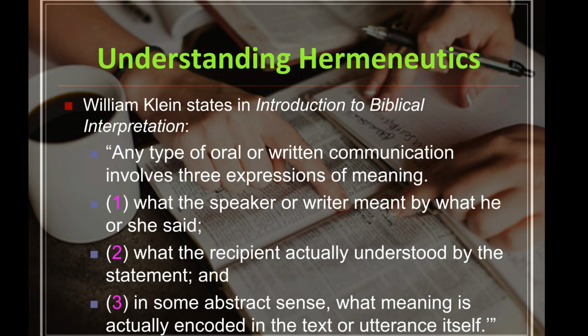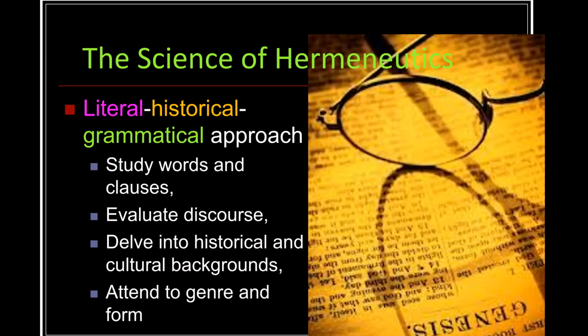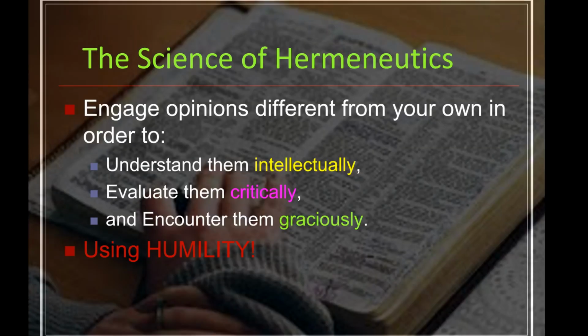For the purposes of this course, our primary concern is what the biblical writer meant by what was recorded in the Bible. The technical side is most evident in the use of the literal, historical, grammatical approach to interpreting Scripture. This approach will require you to learn to study words and clauses, to evaluate discourse, to delve into historical and cultural backgrounds, and to attend to genre and form.